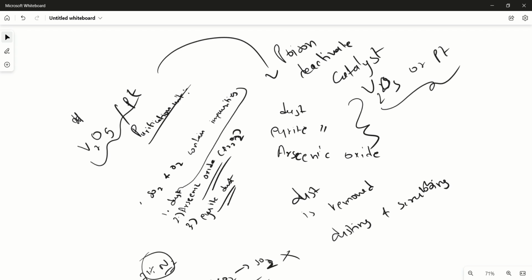So we first remove the dust by the dusting and scrubbing tower, and the arsenic oxide is removed by the passage of ferric hydroxide. Okay, so we're done with the purification unit.